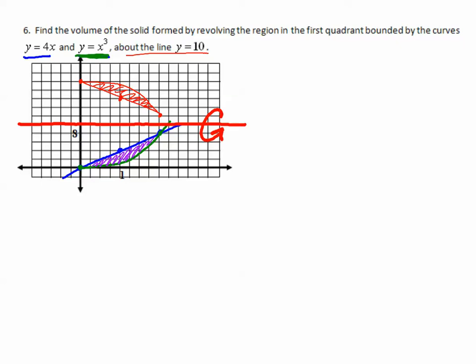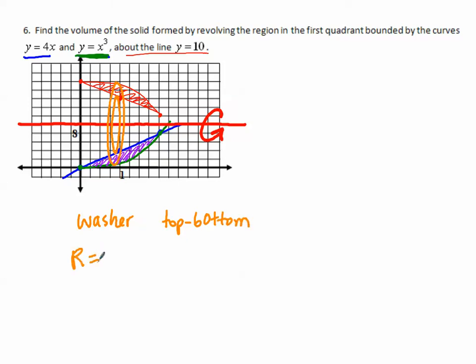So now we say, again, slice perpendicular to the axis of rotation. I'm going to have a circular slice. Let's make that orange like the other ones. There we go. And because there's a big gap between the axis of rotation and the shaded region, I'm going to have an inner circle. So again, we have a washer. And again, we're going top minus bottom since our slice went up and down.